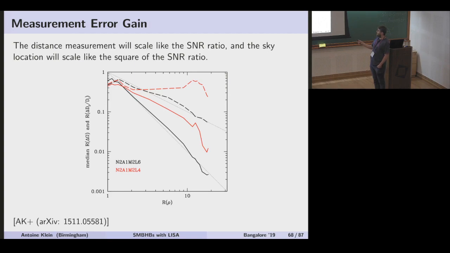So for the luminosity distance, you see this curve, which follows very well this curve, which is just 1 over the SNR ratio. And for the sky location, yeah.